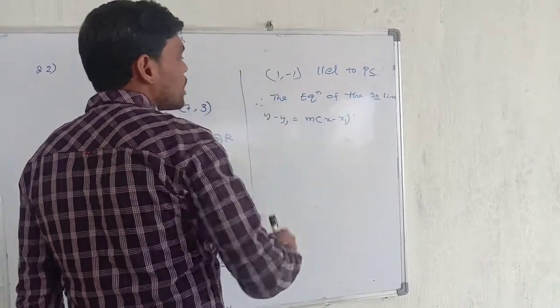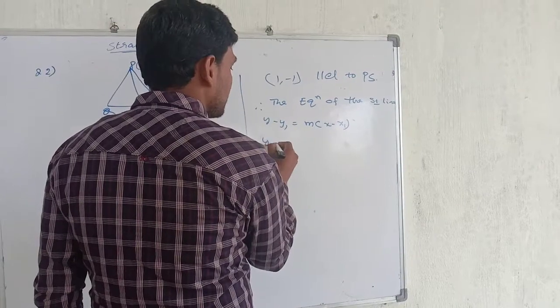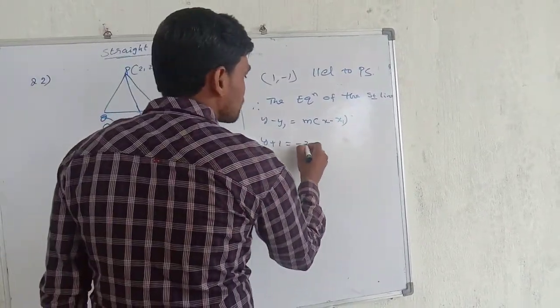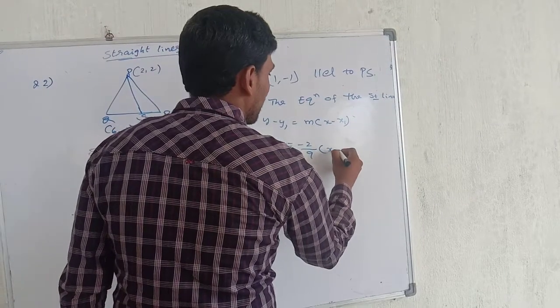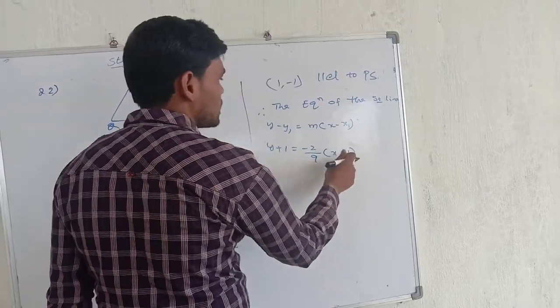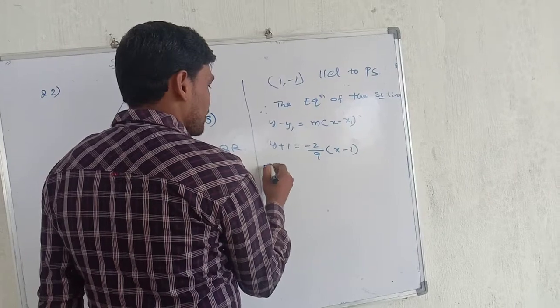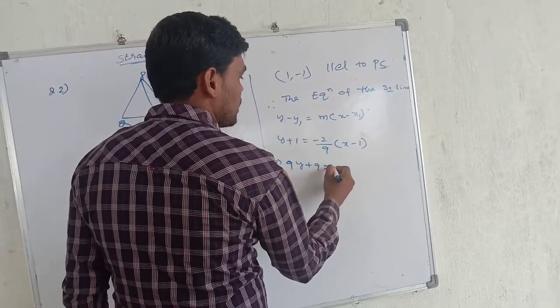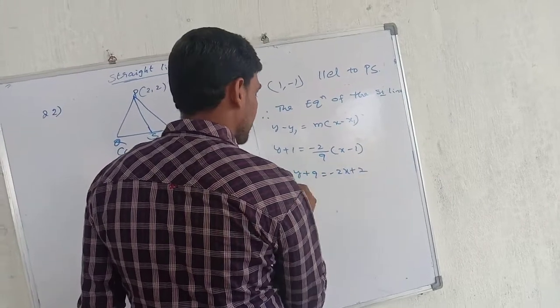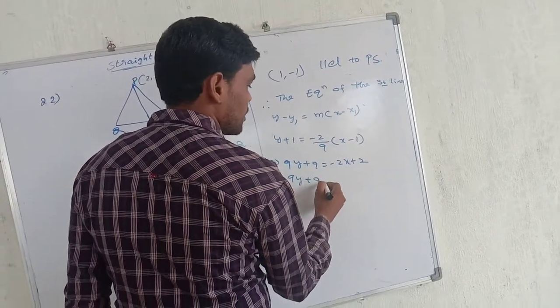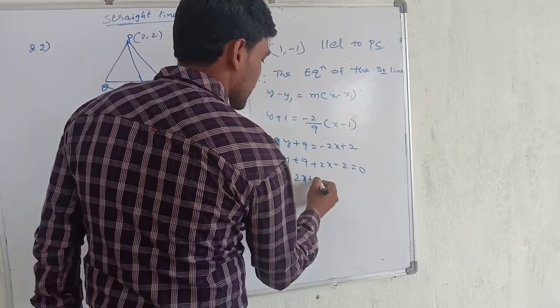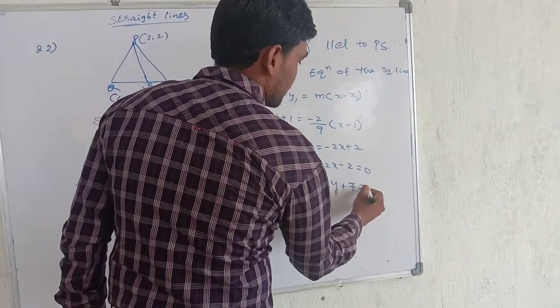With the point 1 comma minus 1, y plus 1 is equal to minus 2 by 9 into x minus 1. Then 9y plus 9 is equal to minus 2x plus 2, so 9y plus 9 plus 2x minus 2 is equal to 0, which gives 2x plus 9y plus 7 is equal to 0.